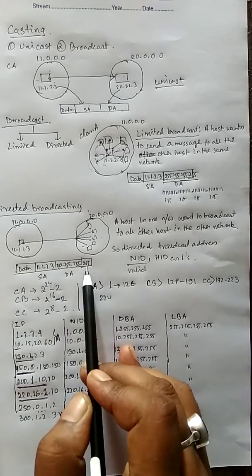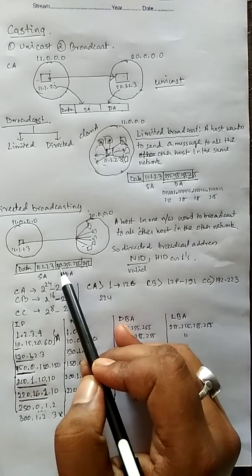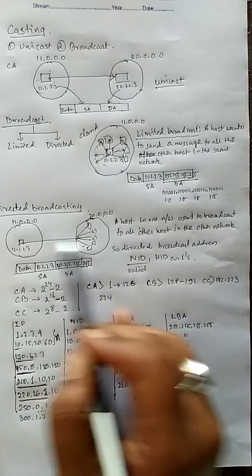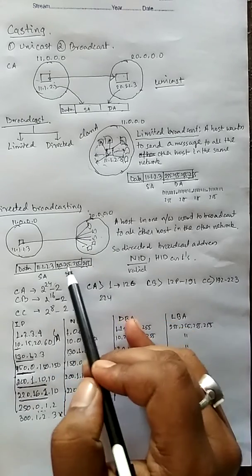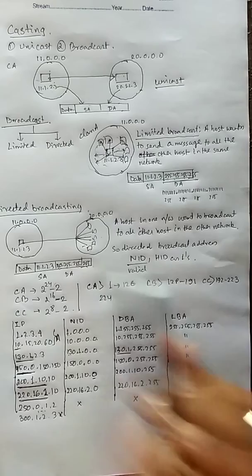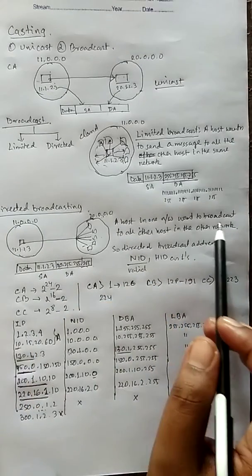For the destination IP address, you have to put the network ID first over here. Now this is a case of class A, so the network ID is 20, so put 20 and the remaining will be 255.255.255. This is the main thing of the directed broadcast address.